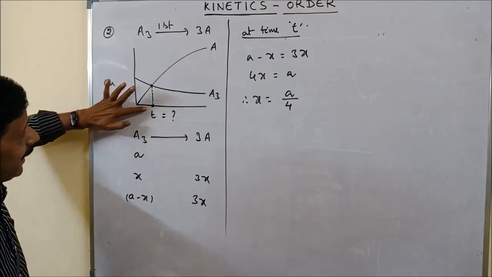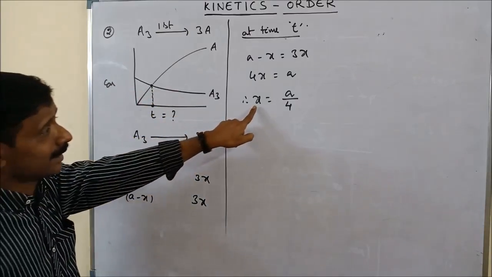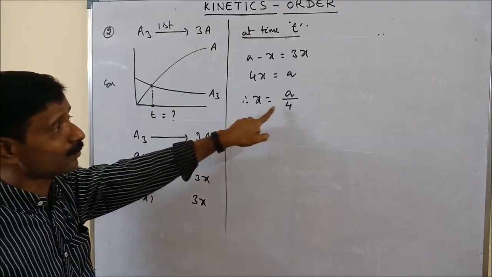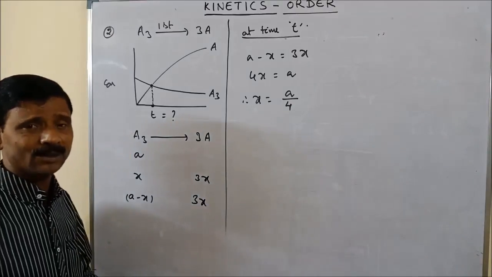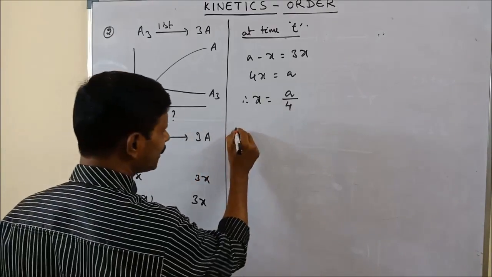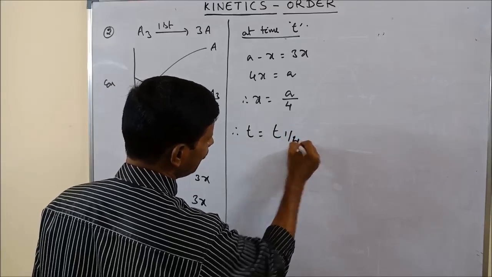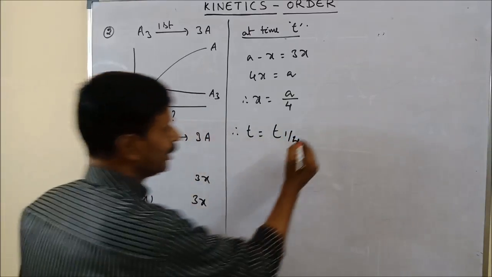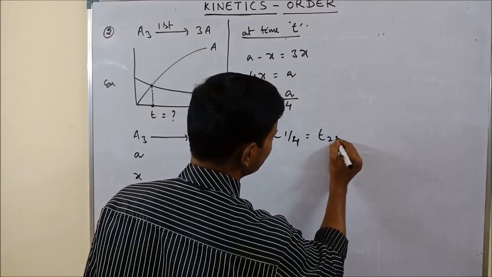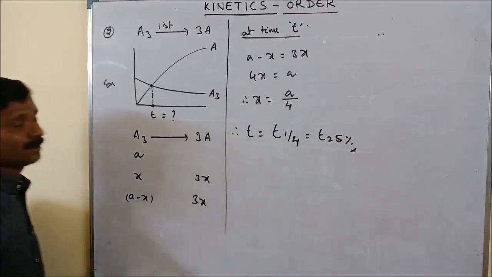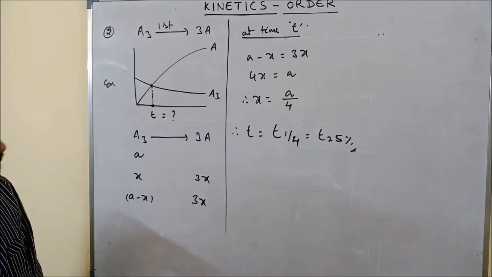It means in time t, the decomposition of the reactant is 1/4, which means 25%. So as per this, time t is nothing but T 25% in this process. So that is the answer we require.